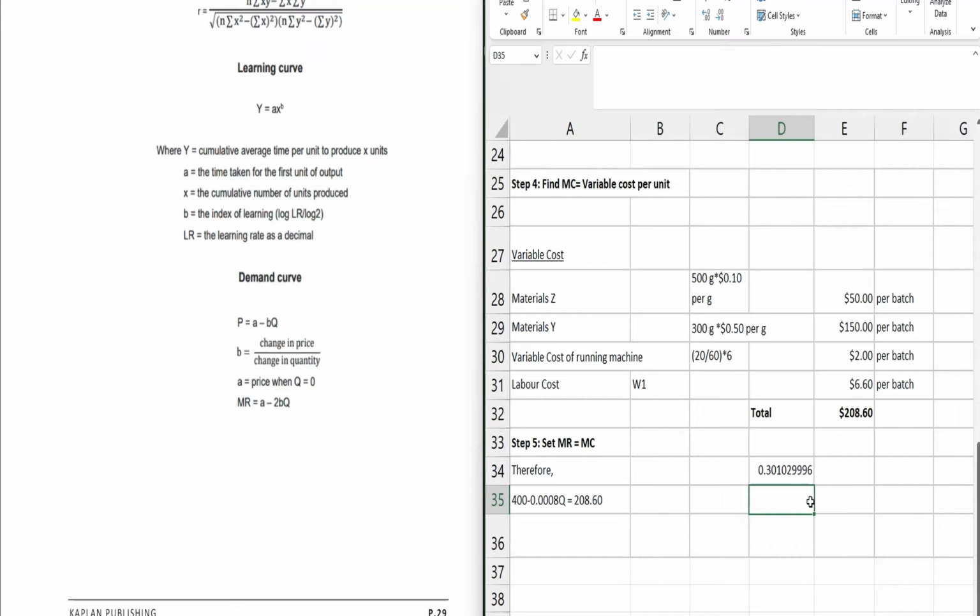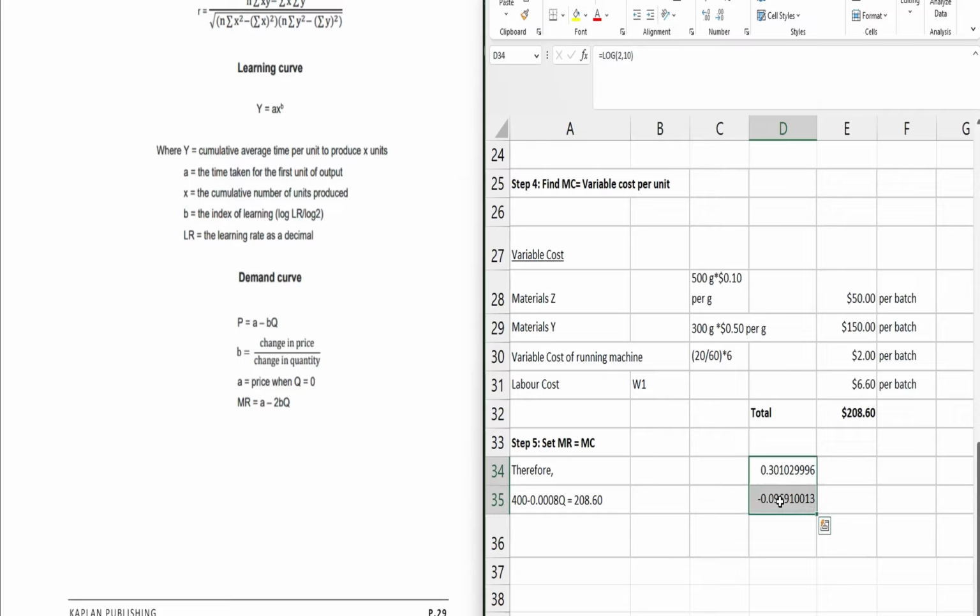This gives us the value of log 2. Similarly, for log 0.8, we press equal to, type log bracket, 0.8, comma, base 10, close the bracket and press enter. It gives the value for log 0.8, that means the 80% learning rate. But the question has already provided the value, so we don't need to calculate it.